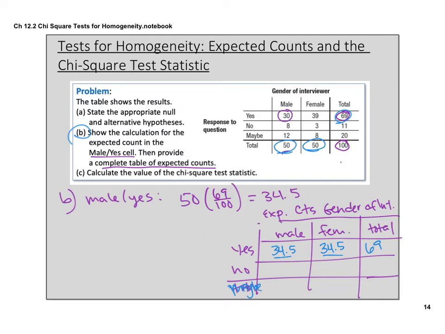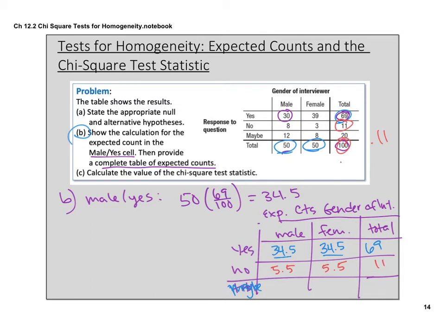So now I need to take a look at 11 out of 100, which is 0.11. So now do 0.11 times 50, and that's going to give me 5.5. And if I add 5.5 plus 5.5, I do get 11, so that's good.